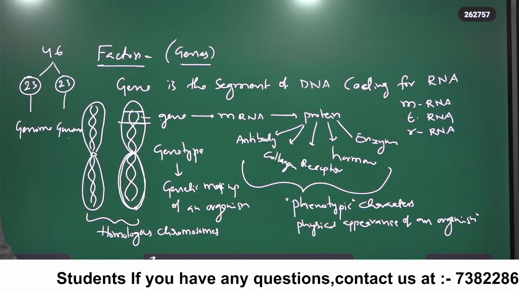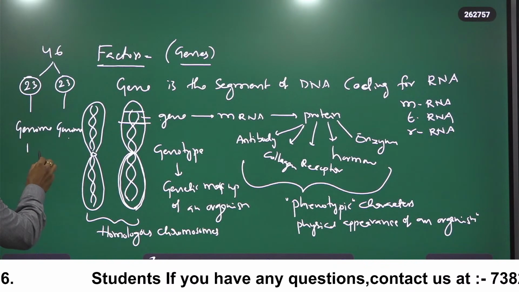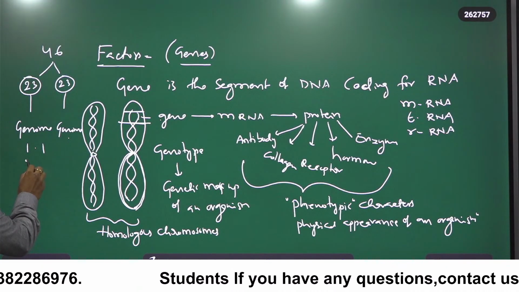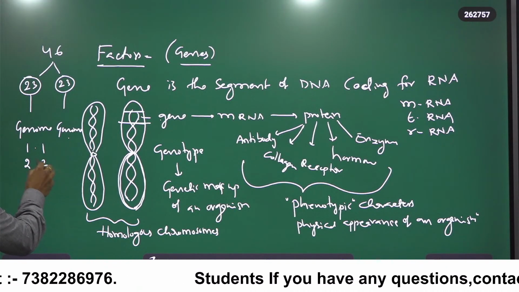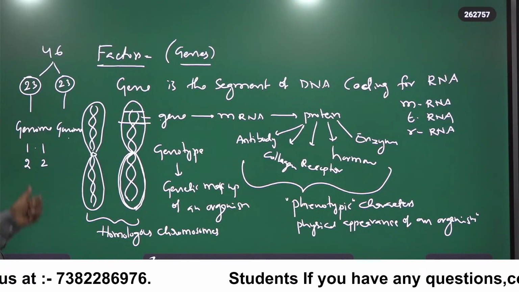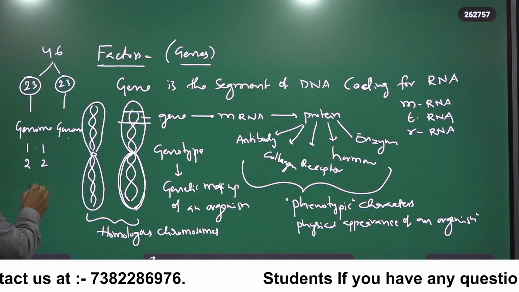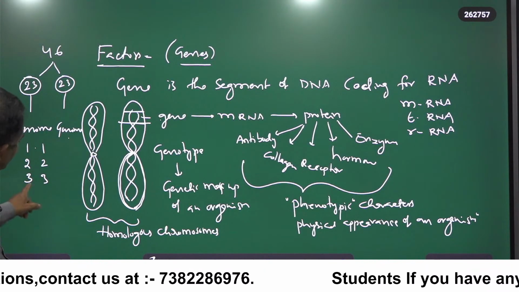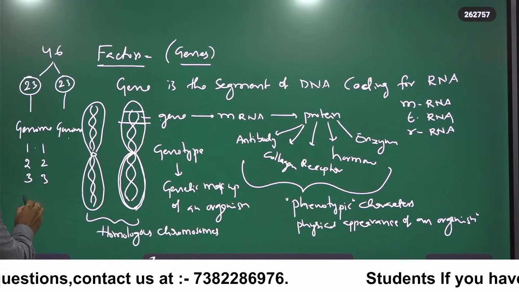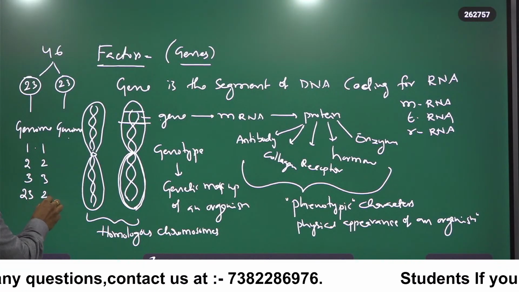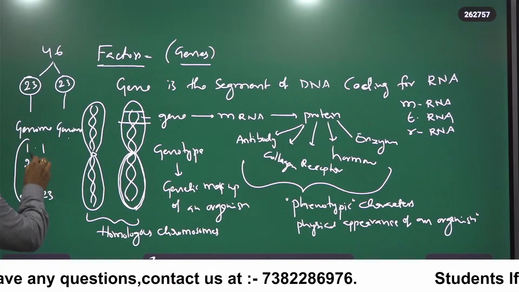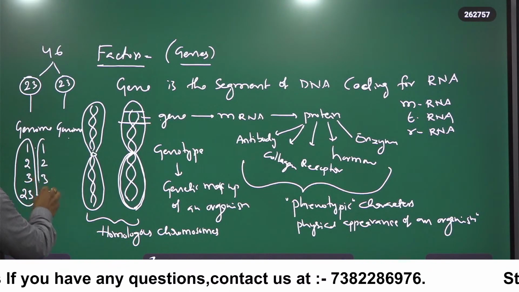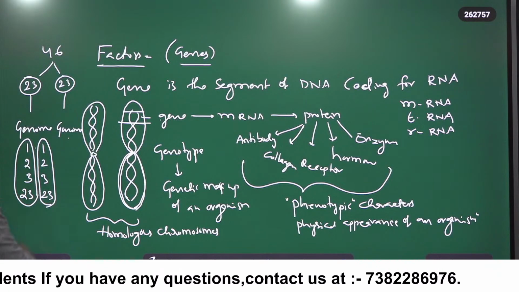There are two genomes in which one chromosome of father and one of mother are homologous. Second chromosome of father, second chromosome of mother; third chromosome of father, third chromosome of mother. This is totally 23, one genome, a haploid set of chromosomes.